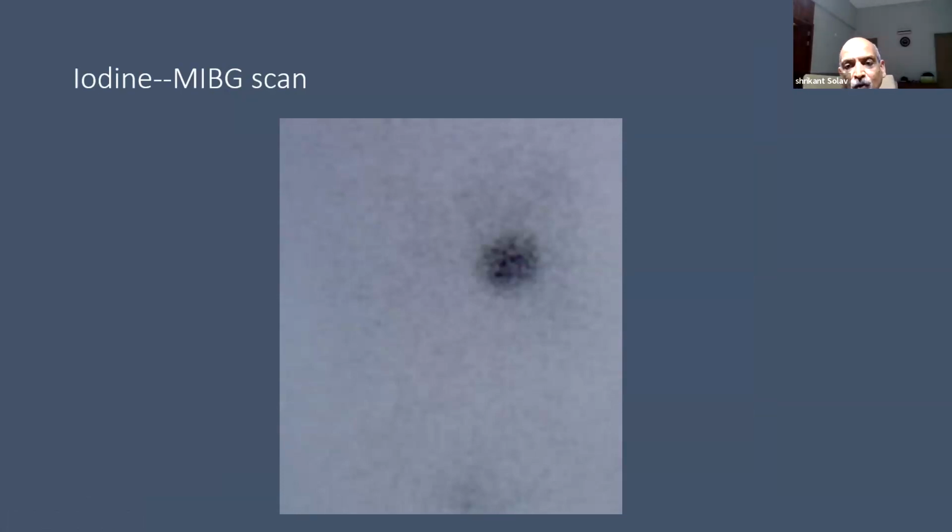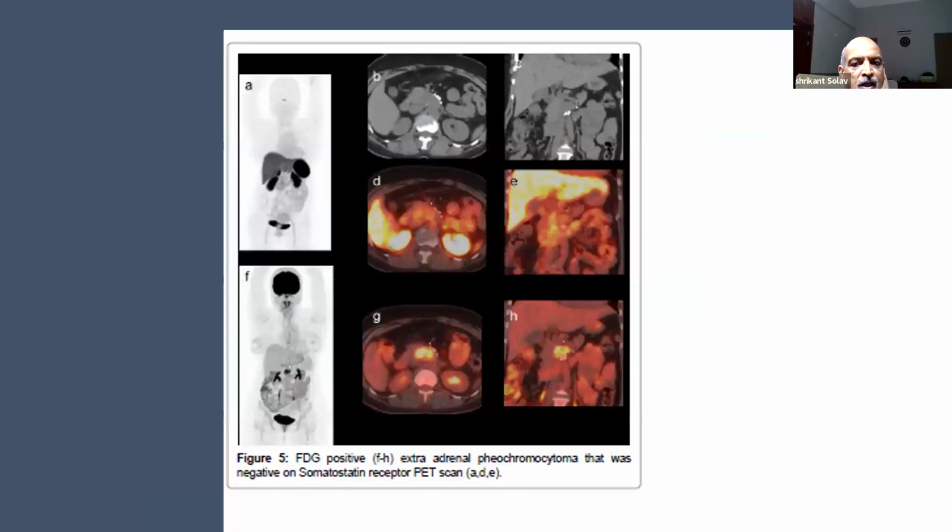So if your clinical index of suspicion for pheo is high, and if the MIBG scan is negative, do not write off the diagnosis. You have now new molecules in the form of somatostatin receptor analog. It's called the DOTATATE scan, and an FDG PET scan. Both of them are non-specific.